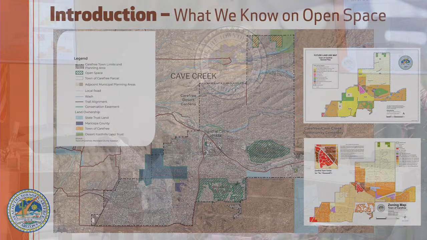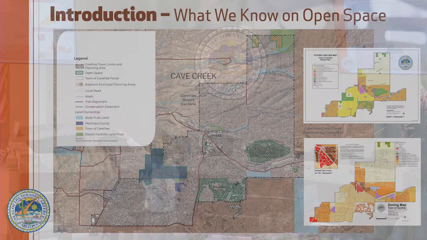We have some areas of different types of open space, right? I've heard from residents talk about how we identify golf courses as open space. But then we also have the cemetery as open space. We have some land to the north of the town limits that falls within the Desert Foothills Land Trust. The town actually owns some parcels of land up there, the yellow locations. You see the blue location as the Black Mountain Preserve.